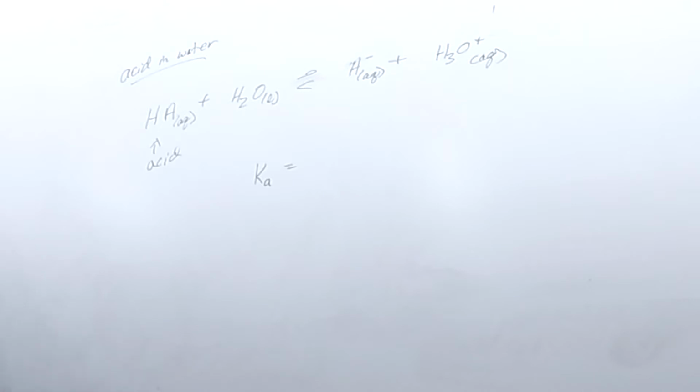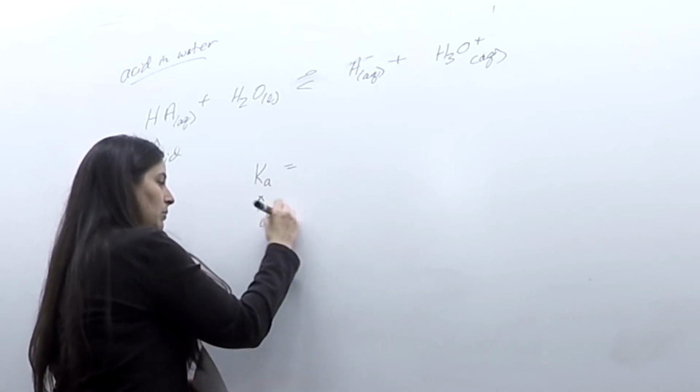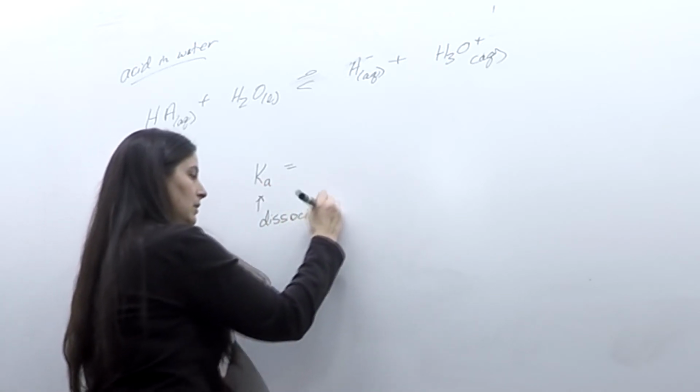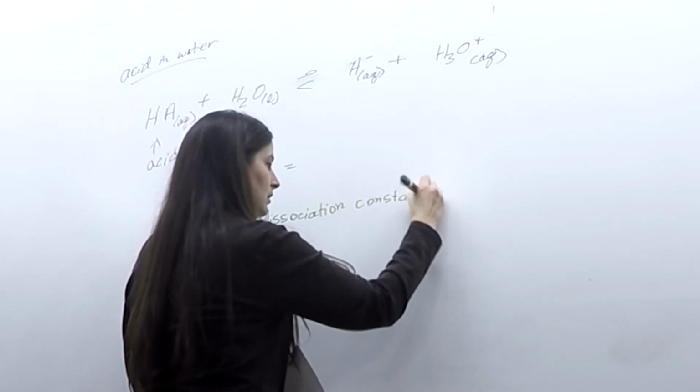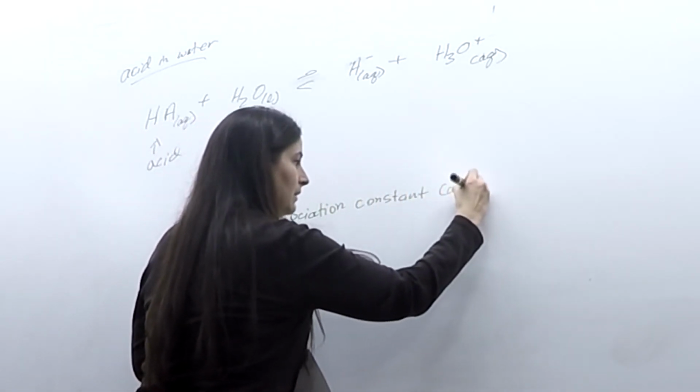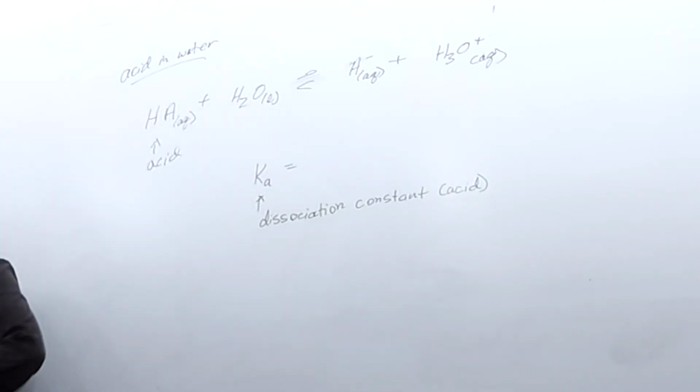Now, instead of having the other subscripts, we put the A in there, which is going to say this is the dissociation constant of an acid. Okay, so instead of equilibrium constant, we will call this Ka, and the little a there stands for the dissociation constant of an acid.